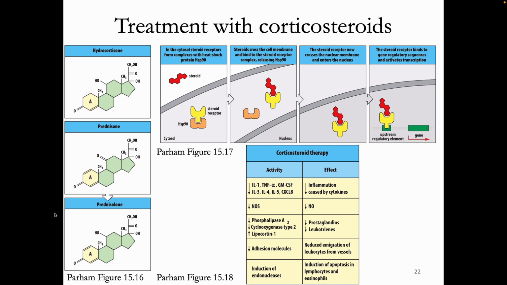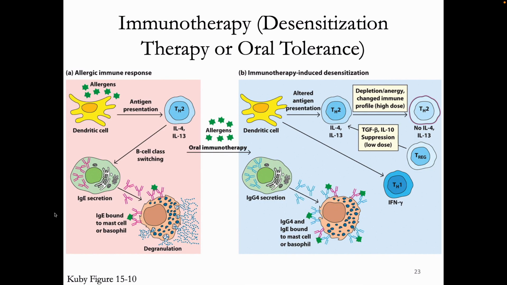If we think about allergy, there is one other big treatment to mention. And the other big treatment to mention is known as desensitization therapy. With desensitization therapy, patients are actually sometimes exposed to the antigen in a way that can drive production of Tregs and production of other types of suppressive immune responses.